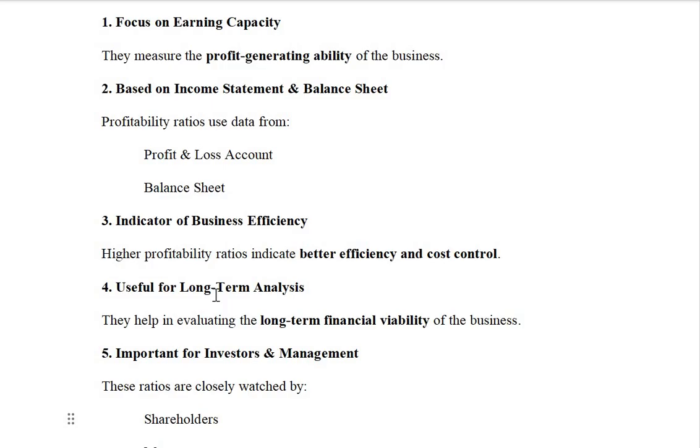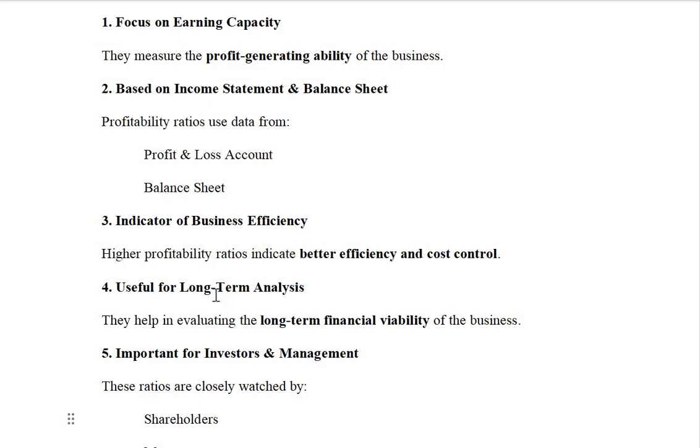Most of the profitability ratios we calculate based on the income statement, the income and expenditure statement, or we can say the trading and profit and loss account. The next characteristic of profitability ratio is that it is an indicator of business efficiency. When the profitability ratio shows a higher percentage, it says the efficiency of the business is high.